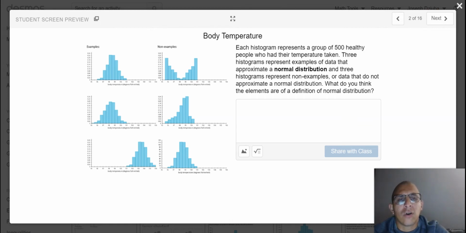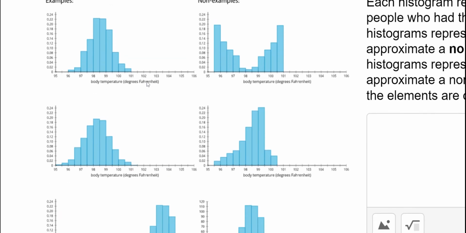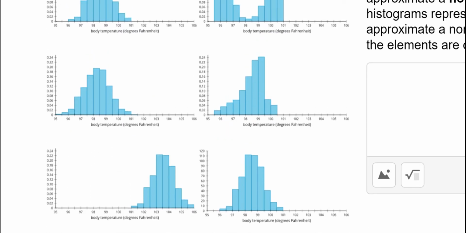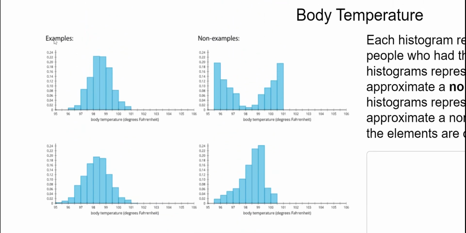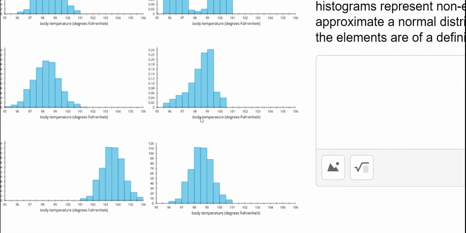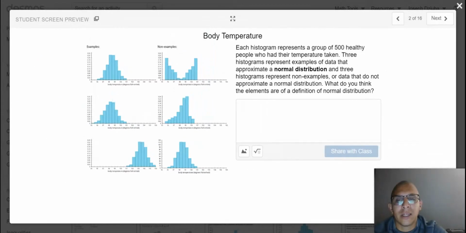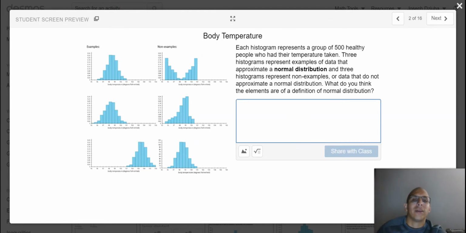What do you think the elements are of a definition of normal distribution? So zooming in, we can clearly see that there are some similarities between our examples, and then there are definitely some drastic similarities between our non-examples. So take a look, let us know what you think are the elements for the definition of a normal distribution.